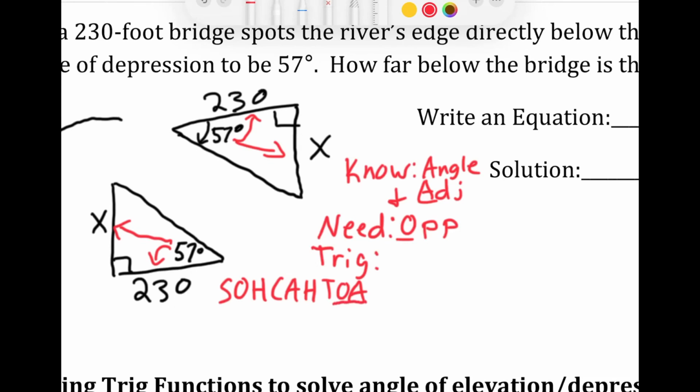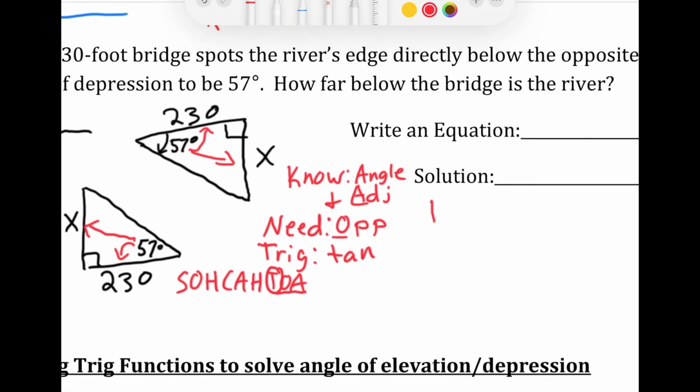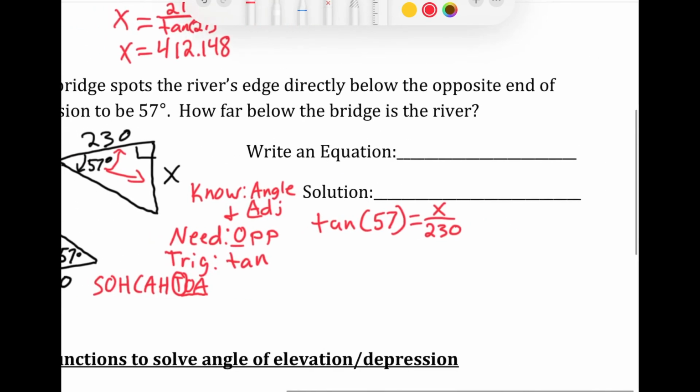So the only trig function involving an O and an A is our T, which is our tangent. So we have tan of our angle given equals opposite, which is x, over our adjacent, which is 230. That is going to be our equation that we use.